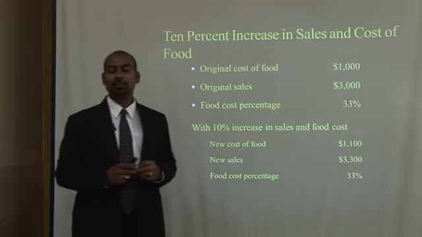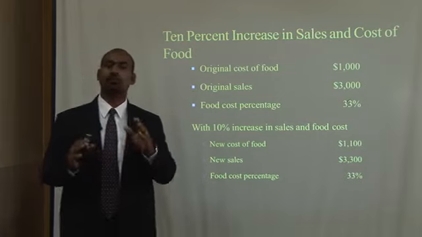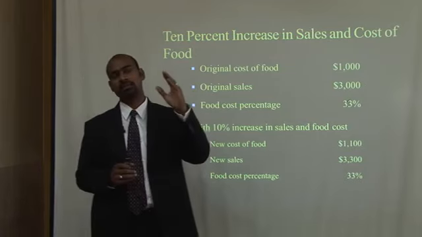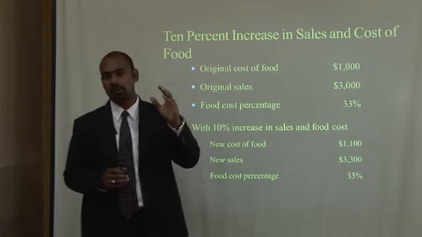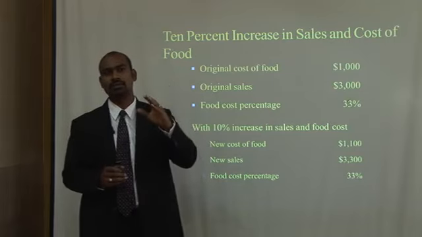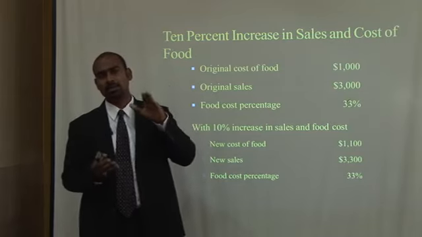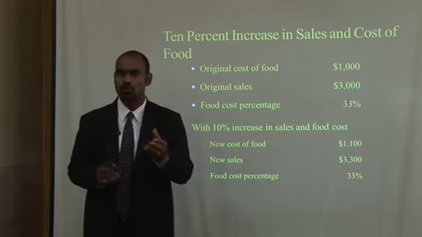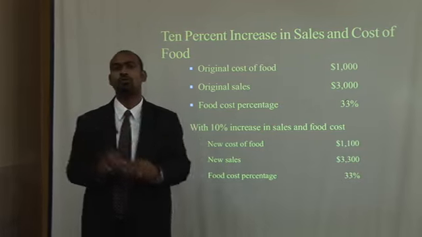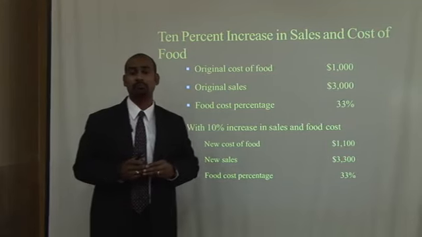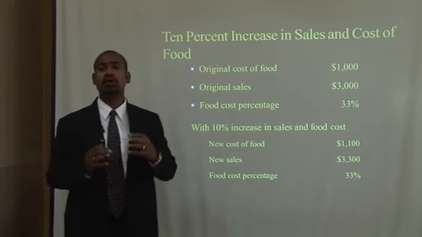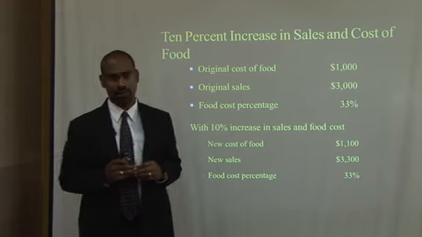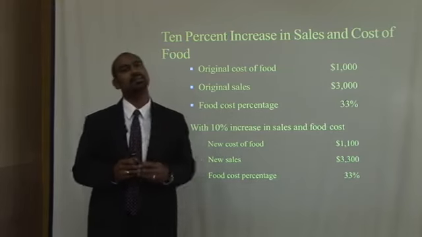Now a 10% increase in sales and cost of food. For example, say X amount is your food cost and X amount is sales, and in the same manner there is a 10% increase in sales and a 10% increase in food cost also. What will happen to your food cost percentage? With the example we see, the original cost of food is 1,000 and original sales is 3,000.